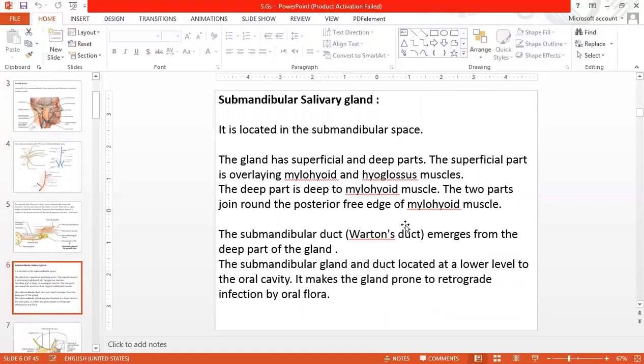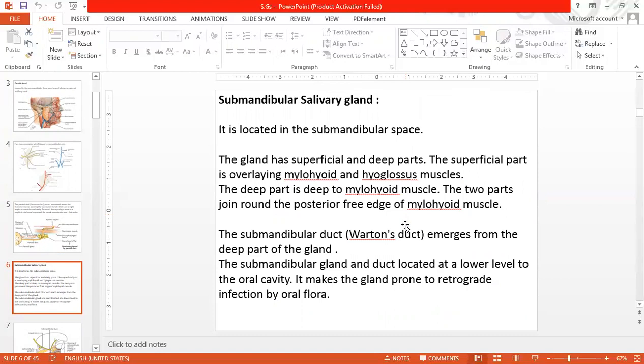While the submandibular salivary gland is located in the floor of the mouth, the deep part is in the floor of the mouth, and the superficial part is below the mandible. It has two parts, superficial and deep. The superficial part overlies the mylohyoid and hyoglossus muscles, and the deep part is deep to the mylohyoid muscle.